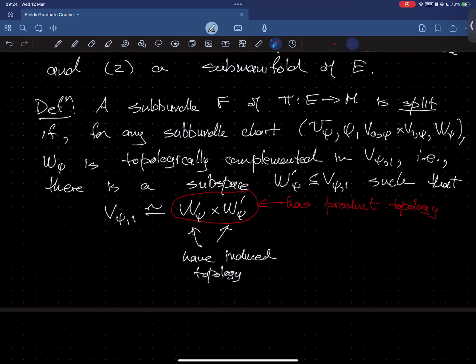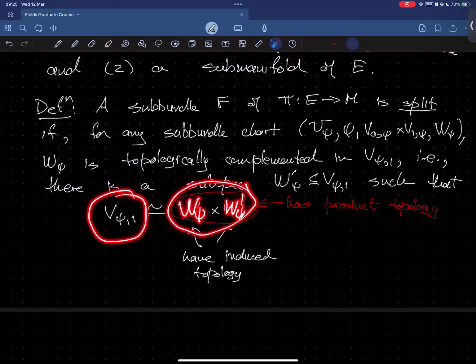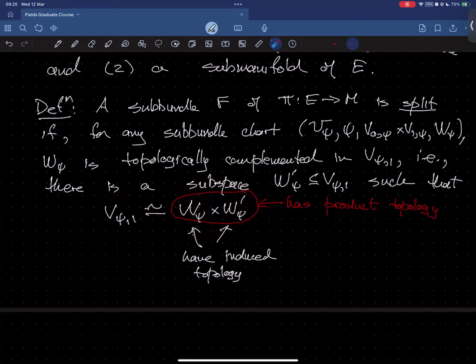So that's the algebraic part of this isomorphism, but it's the topological part of the isomorphism that's most important, because although these things have the topology that's induced from V1, it doesn't mean that the product topology here will be isomorphic to the original topology here, even though algebraically these things are isomorphic.